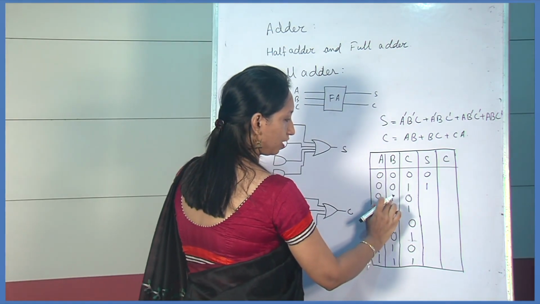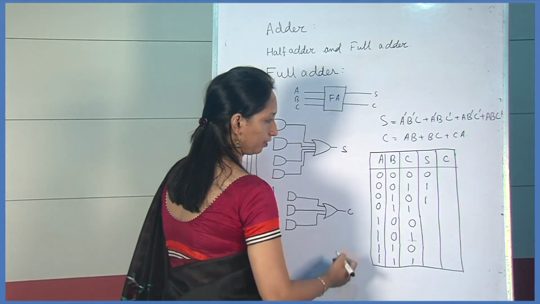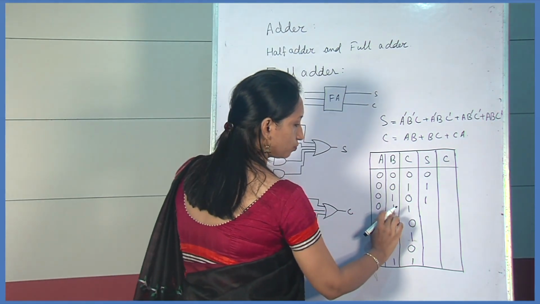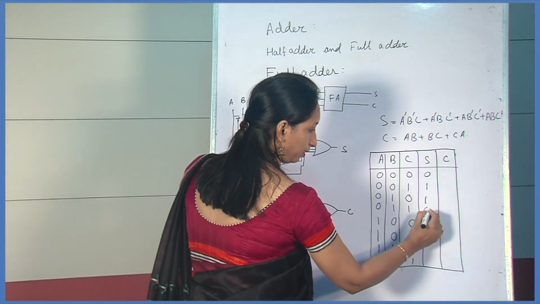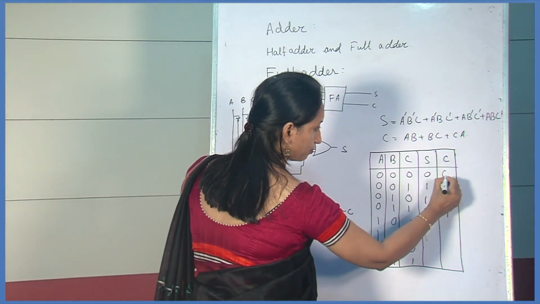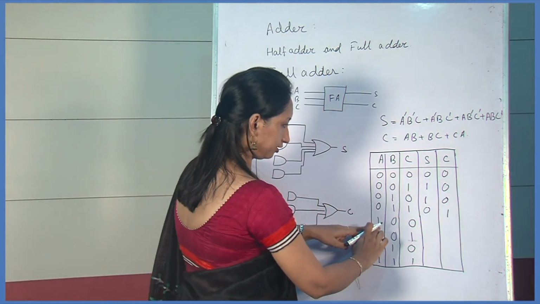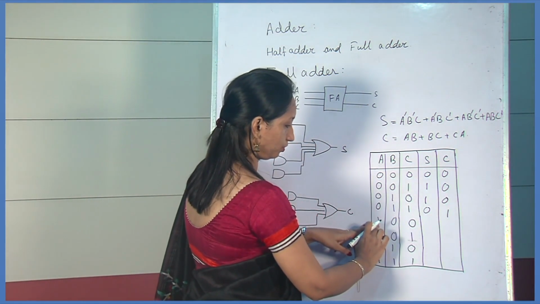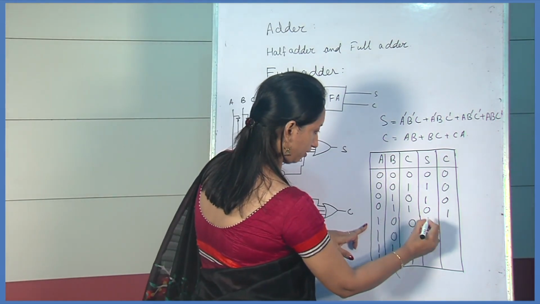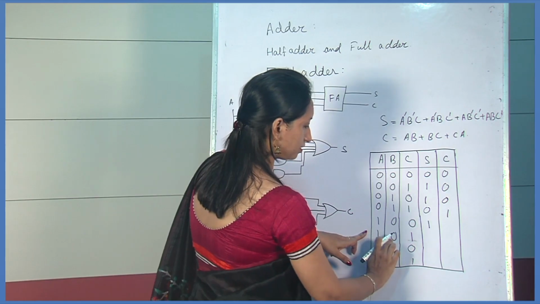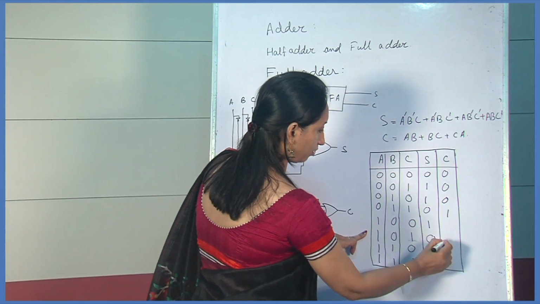Then 0 plus 1 is 1, 1 plus 0 is 1. Then 0 plus 1 is 1, and 1 plus 1 is 0, carry 1. So here the carry is 0. And for the fifth combination, 1 plus 0 is 1 and 1 plus 0 is 1. And 1 plus 0 is 1, 1 plus 1 is 0, carry 1.